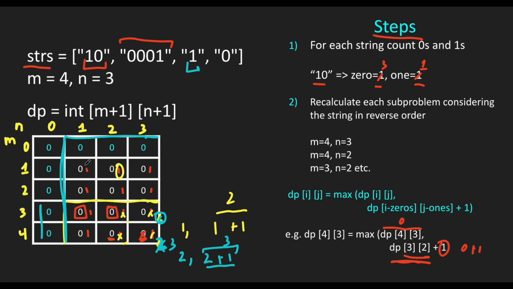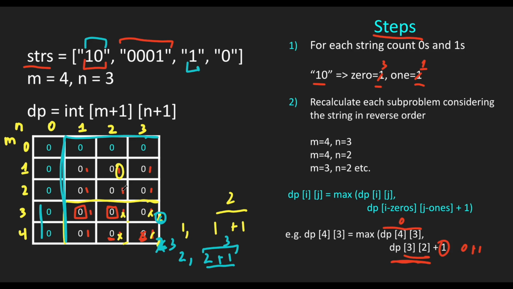Why are we not starting from the first position, for example? The reason is that in that case, we may end up considering the same string twice. For example, in the first case, when we were just updating our first string, let's say we updated that to 1.